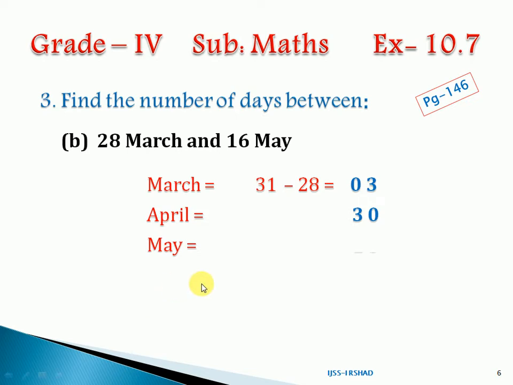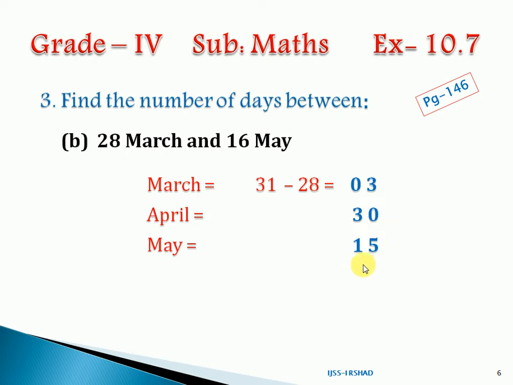31 days. So you will write 31 days, and here 16 May is given. So we will take the day just before 16, no need to subtract here. That will be 15. So 15 days from the month of May we will take. Then we will add all this.